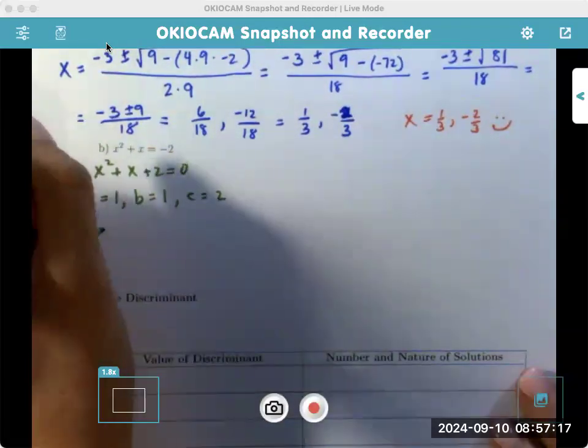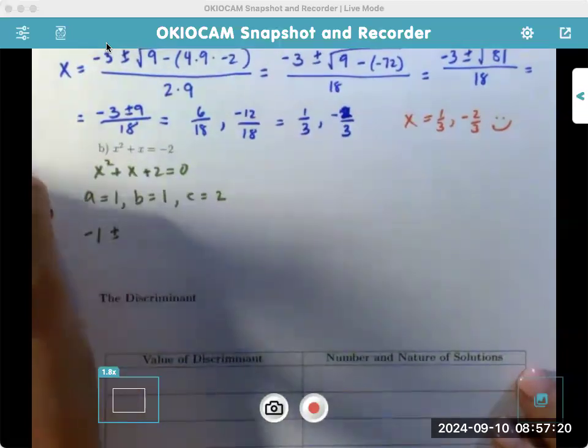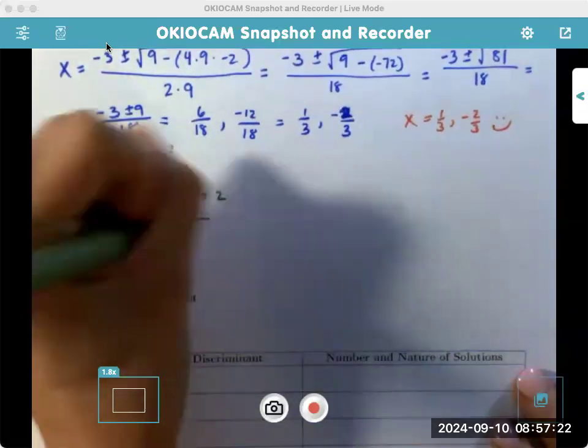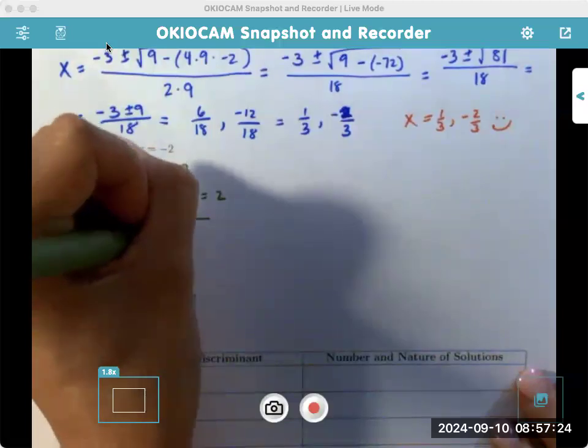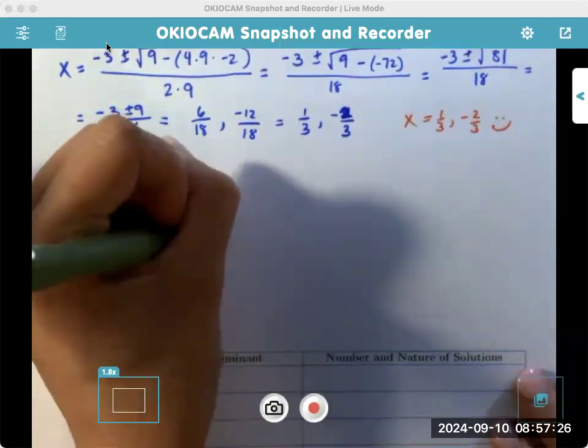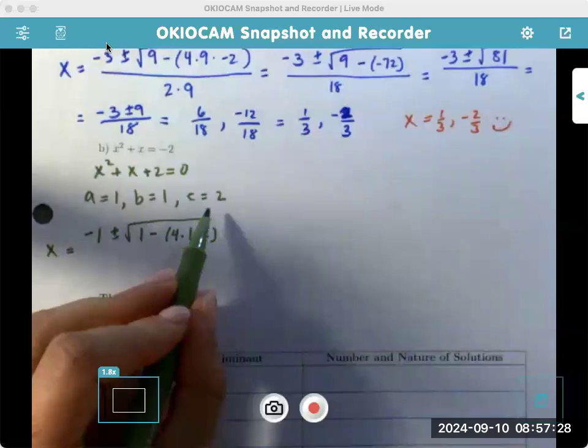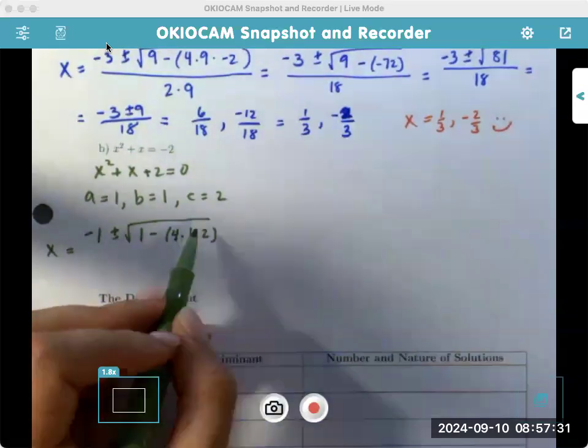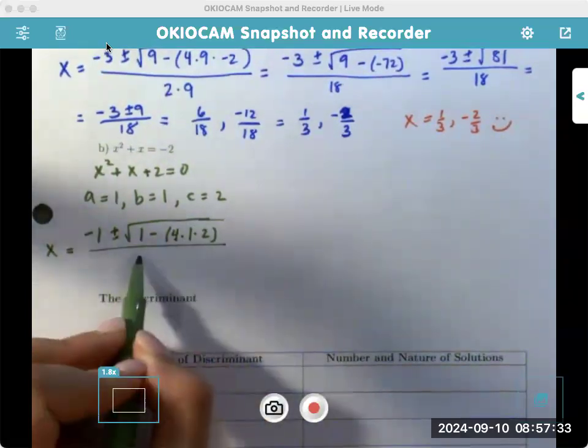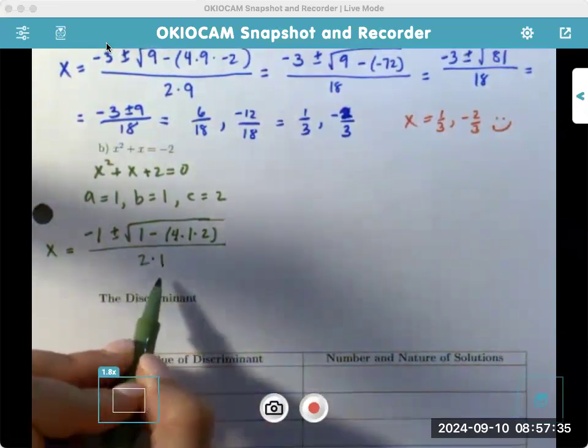So that means x equals -1 plus or minus the square root of 1 minus 4ac, the 4 is just there, all over 2 times a.